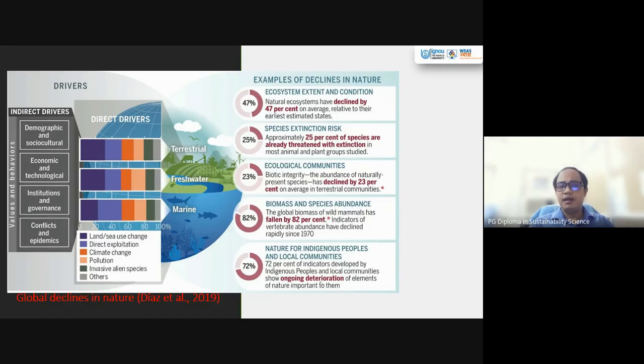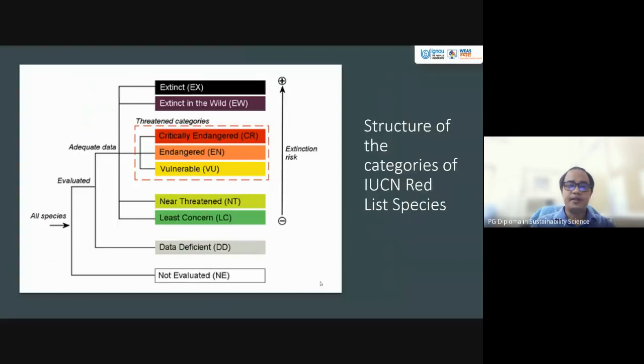And 72% of the indicators developed by these indigenous peoples and local communities show ongoing deterioration of elements of nature which are very important to them. It's important, but at the same time we are declining at a very fast rate, right?